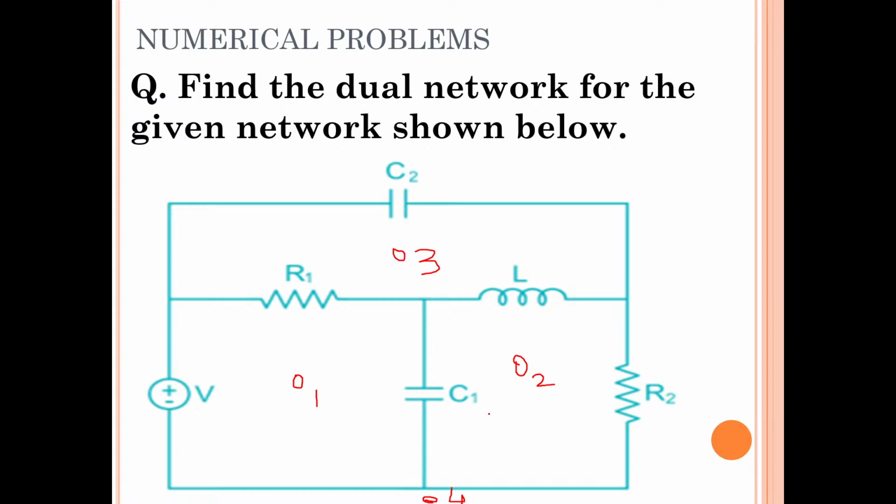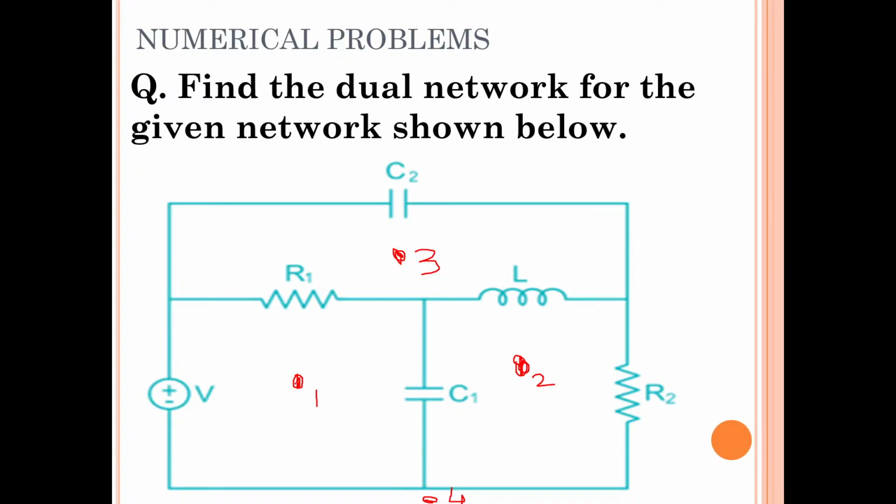Consider it as node 4. Now from node 1, this is our node 1, isn't it? This is node 1, this is node 2. I'm just filling this circle. Node 4, whatever you have assumed here, is nothing but our reference node.